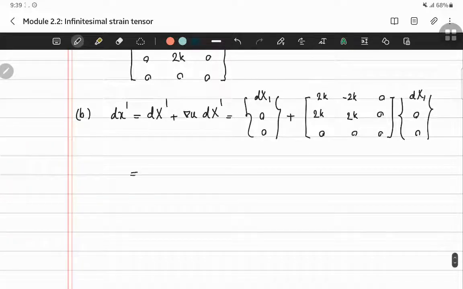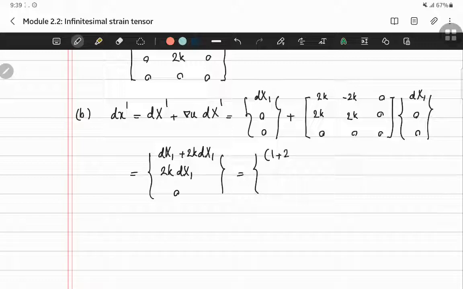So what we get is basically dx1 plus this times this, 2k dx1, and then we get 2k dx1 and 0, if I'm not mistaken. So this can be written as 1 plus 2k dx1, and this is 2k dx1 and 0.